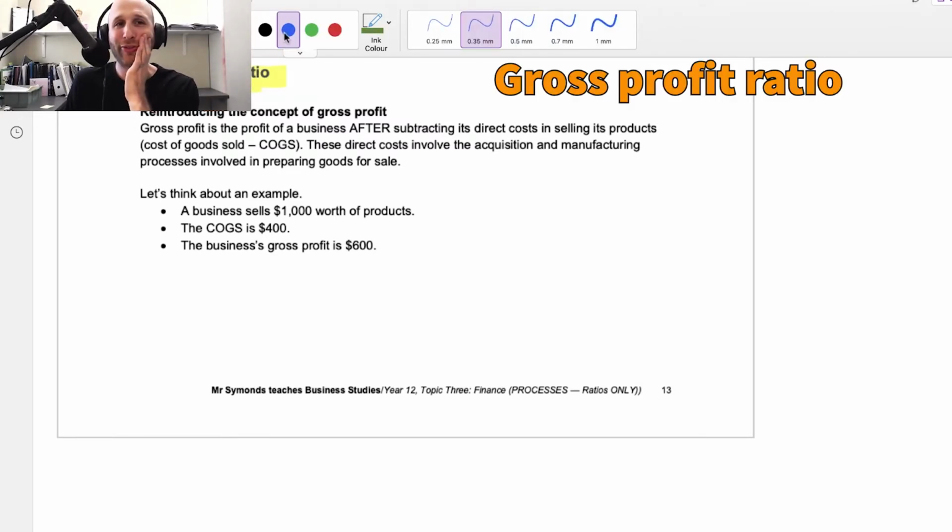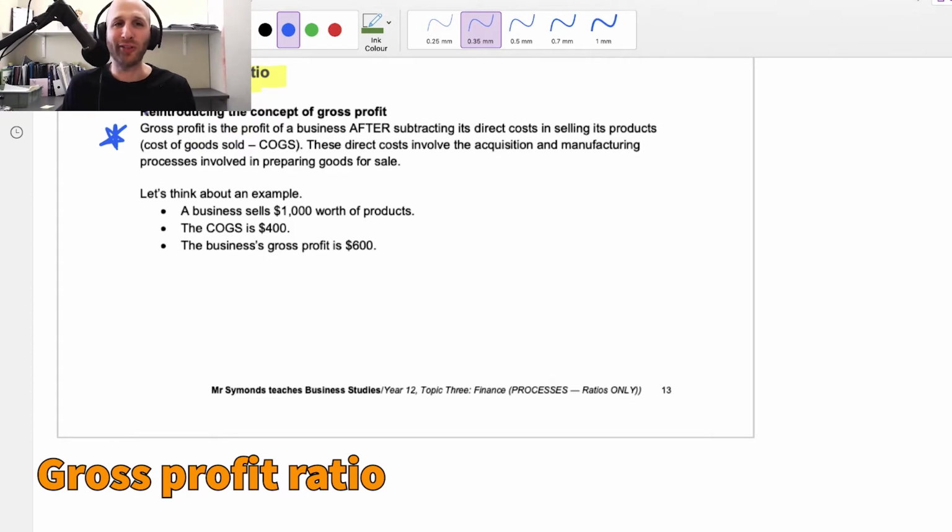In order to think about the ratio, first we've got to think about what gross profit actually is. Gross profit is the profit after taking away the direct costs in selling its products. That sounds a bit complex, but what we're essentially saying is we're taking COGS away from what is sold.